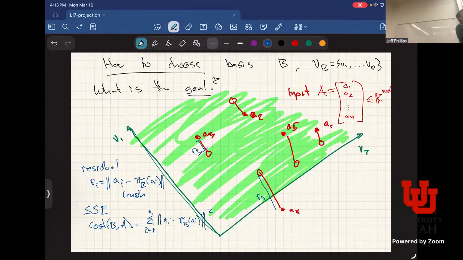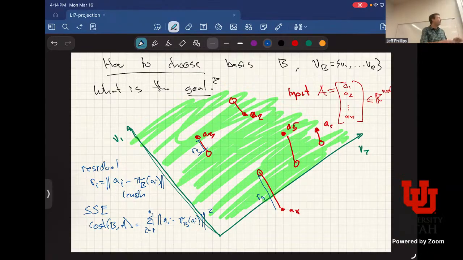Well, who can guess? Why do we do the sum? Okay, yeah, some could be negative, this projects down, this projects up. In fact, they're vectors, so some of the coordinates are negative, so I somehow need to take a length. I could have done it without the square here. I could have just done the sum of the residuals.